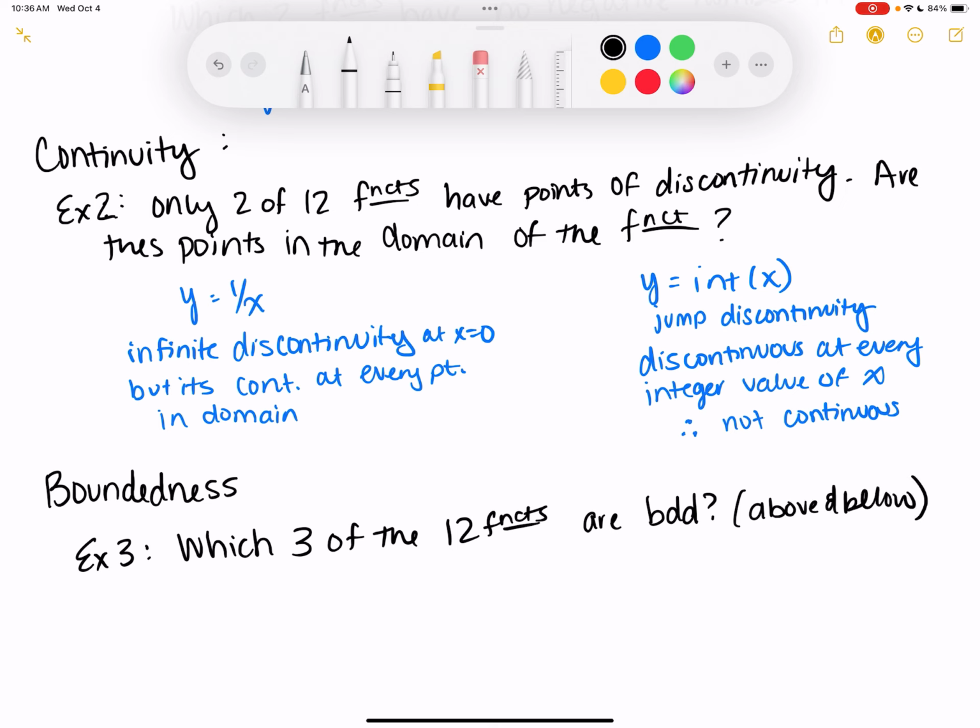If it asks which ones are bounded above, that's a different question, or bounded below, but this one's asking which are bounded, meaning above and below. So it gets to a top point and comes back, then gets to a bottom point and goes back up, and keeps doing that. Or there could be an asymptote that's keeping it from crossing. So, any idea which one of the ones is bounded completely? Sine. Yep. Sine of x is one of them.